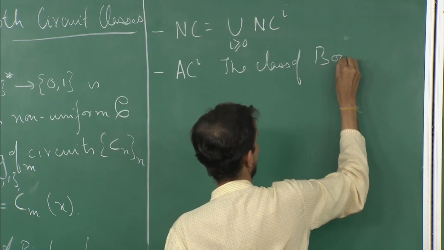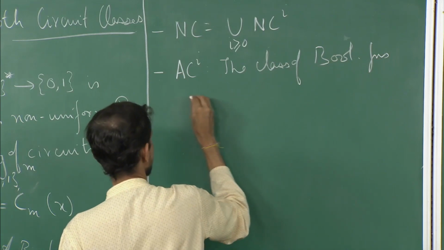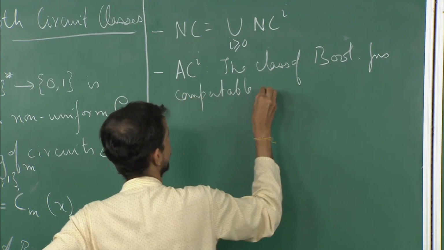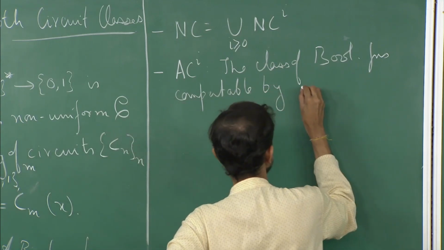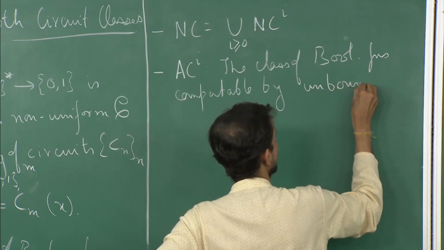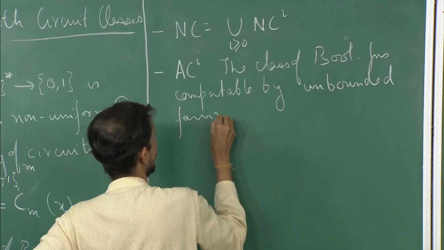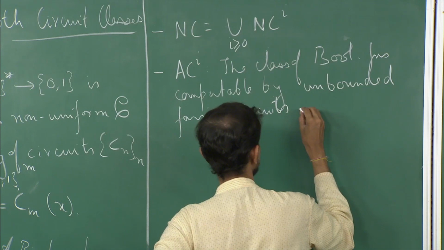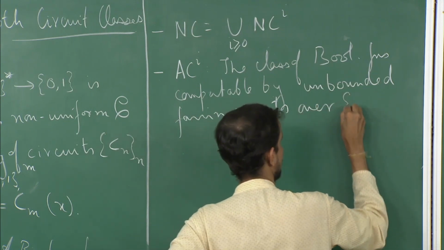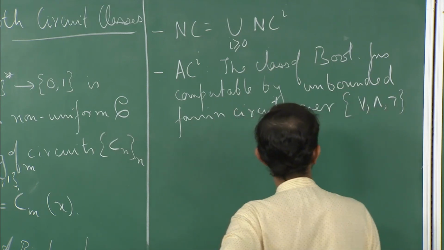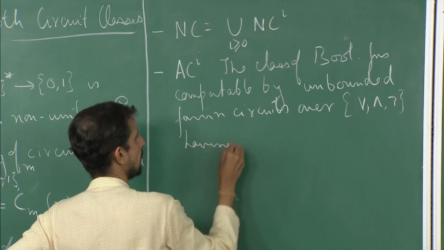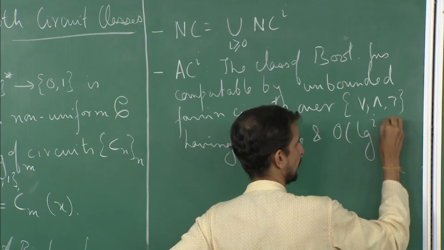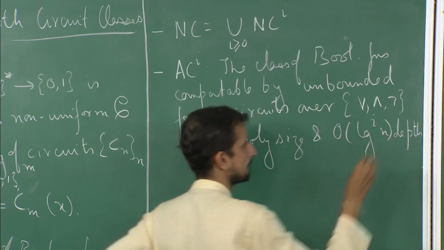So AC^i is the class of Boolean functions computable by unbounded fan-in circuits over AND, OR and NOT gates having polynomial size and depth of order log to the power i.